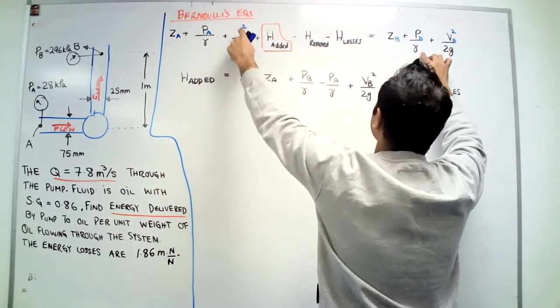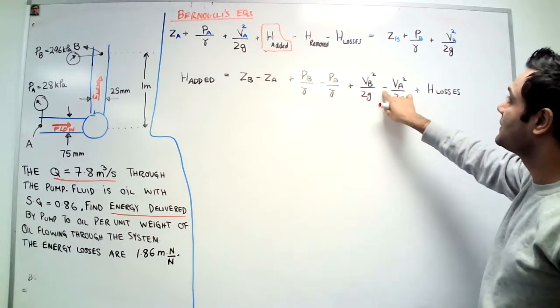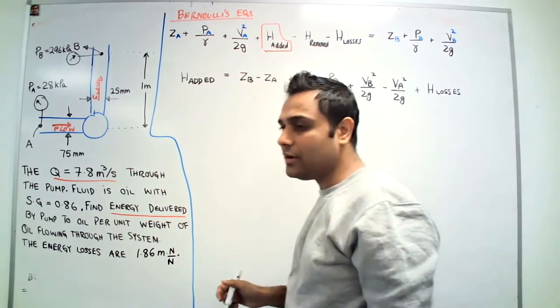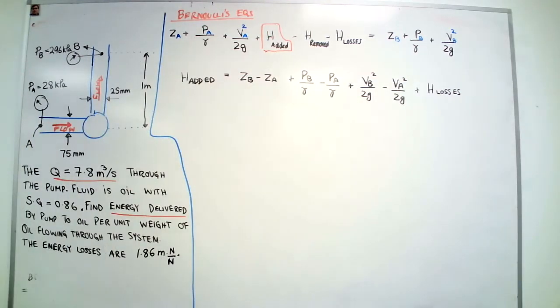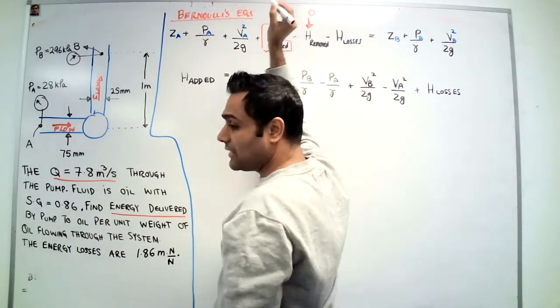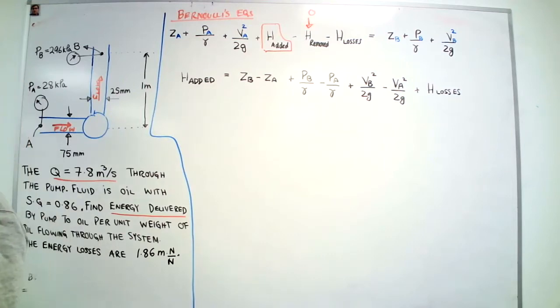Then I move this to this side, so that becomes VB squared minus VA squared over 2g. Now there are no head removed, so I can use that as 0. And I can move the head losses to the other side and just add them. So I got this equation.